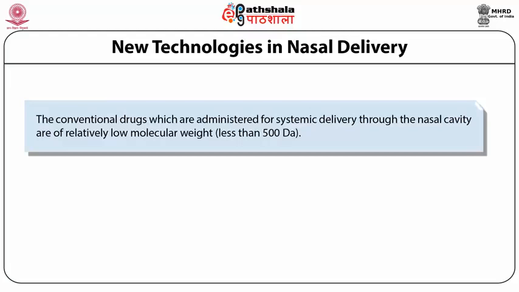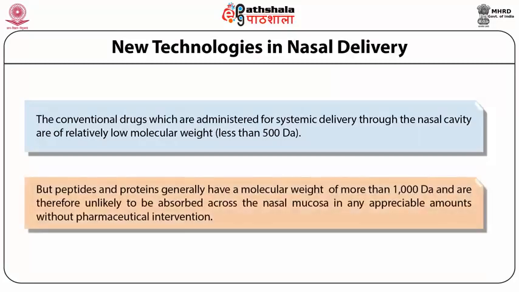But many times, nasal drug delivery is employed for delivering peptides and proteins which generally have a high molecular weight, to the tune of 1000 daltons and above. And therefore these are unlikely to be absorbed across the nasal mucosa in any appreciable amounts without pharmaceutical intervention.